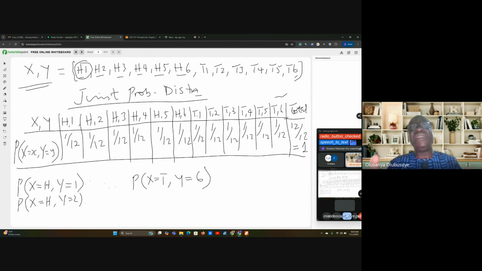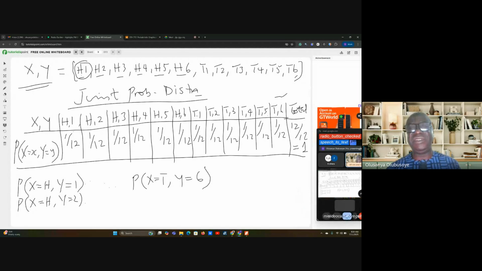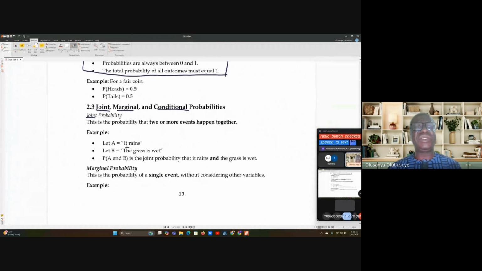You should be able to construct the joint. And in most practical problems, you are going to have 2 or more events, as is demonstrated here.